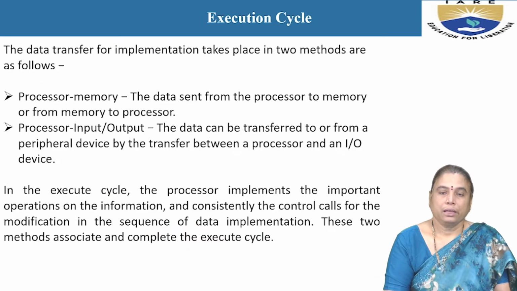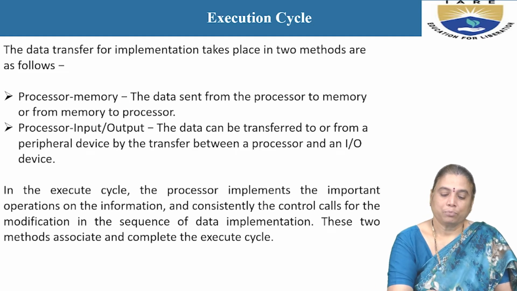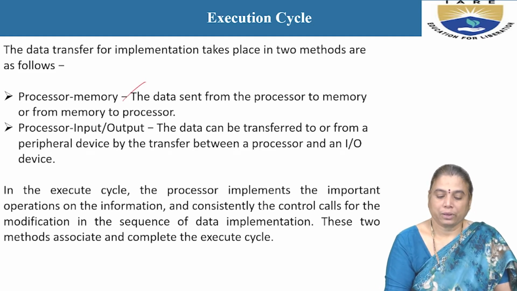Now, what is the execution step? Processor, memory, data. Here the data transfer for implementation takes place in two methods. One is processor to memory. The data is sent from the processor to memory or from memory to processor. The second action is processor to input output, from a peripheral device to the memory or the processor, or from IO devices to the processor.